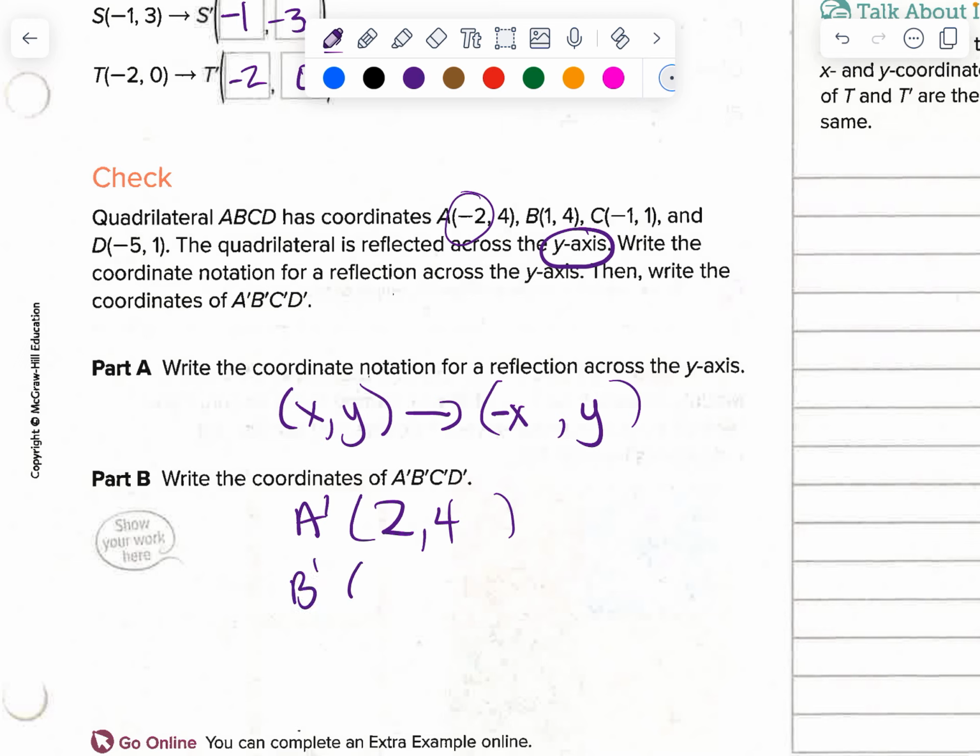B prime: the x is the opposite, so 1, and the y stays the same. C prime: the x is the opposite, so -1, the y stays the same. And D prime: the x is the opposite, and the y stays the same.